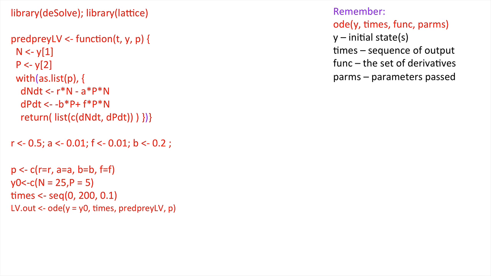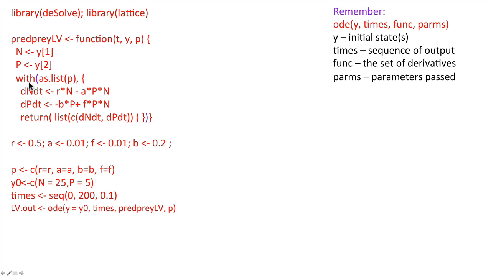Now let's have a look at our function. We've called it predator-prey Lotka-Volterra, and we're defining it as a function here. You've got to be very careful with the brackets here. We're saying n is the very first element of y, which we've just set. We're saying p is the second element of y, which we've defined.